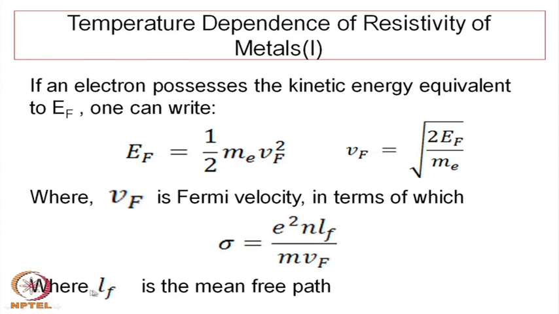This term is some kind of a mean free path, because in the way we have defined our conductivity term, it contains some velocity term, and it also contains the distance covered by the charge species. So sigma is an expression of this velocity term and this distance term: e squared n Lf and the mass.